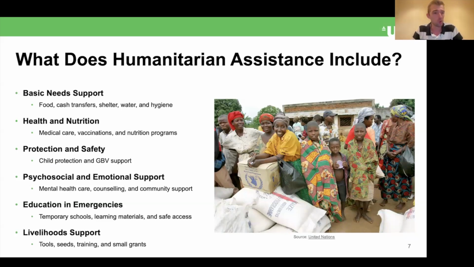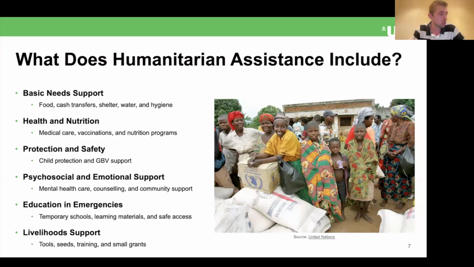But very important as well, health and nutrition, like medical care, vaccination programs, etc. Then the protection and safety that I briefly mentioned in the previous slide, so child protection and gender-based violence support. An increasing aspect as well is mental health, with support and counseling.